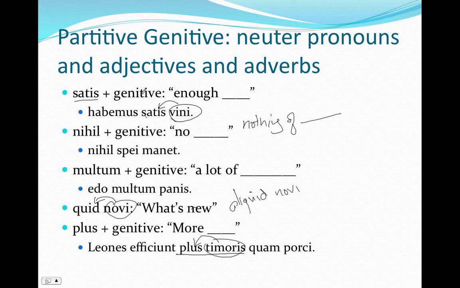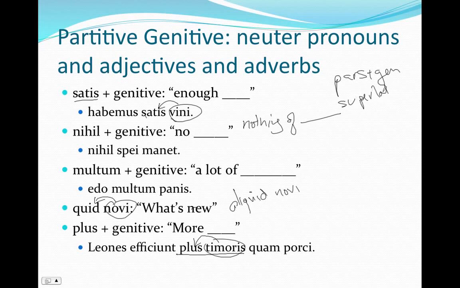So keep in mind that the partitive genitive with words like pars, part, plus the genitive, translates very nicely into English. The superlative translates very nicely into English.